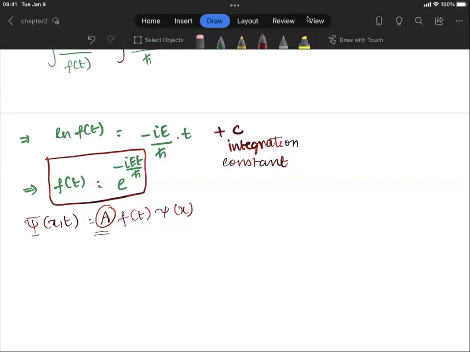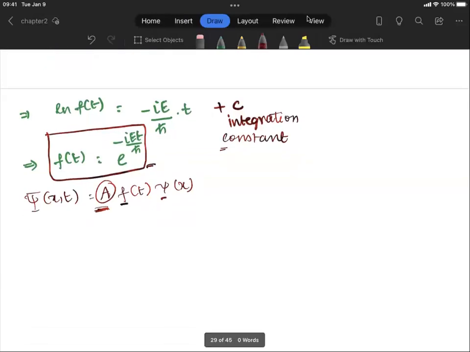We can multiply f of t and psi of x by a factor, which could potentially incorporate the integration constant we see here. So that was the reason I didn't bother working with the integration constant. And this exact same thing is explained in chapter 1, where this equation is derived.